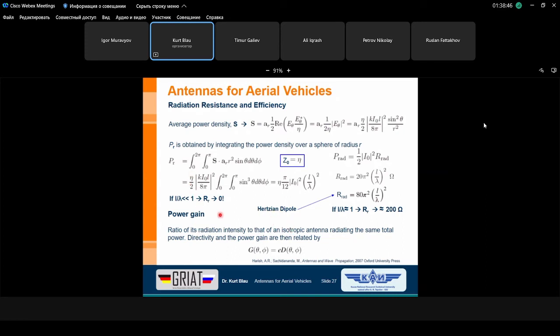And next, the next interesting parameter of an antenna is the so-called power gain. The power gain is the ratio of radiation intensity to that of an isotropic antenna radiating the same total power. This is very important.